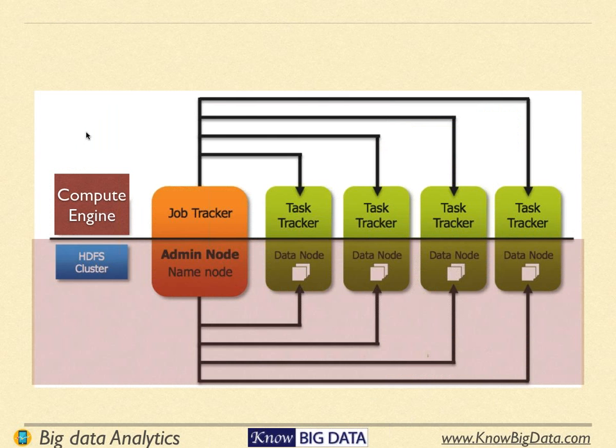In case any task tracker goes unresponsive, it assumes that that person has maybe gone on leave or something else. So it assigns the same work to somebody else, and all the work done by the previous task tracker is deleted, is ignored. So this is how a bigger work is done by way of so many processes.